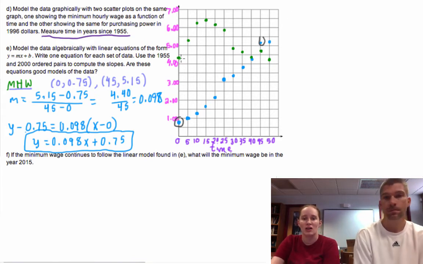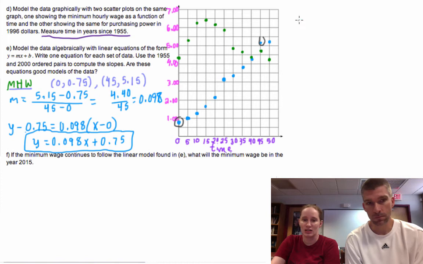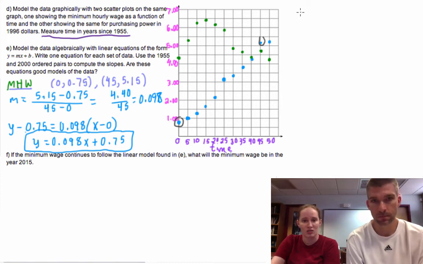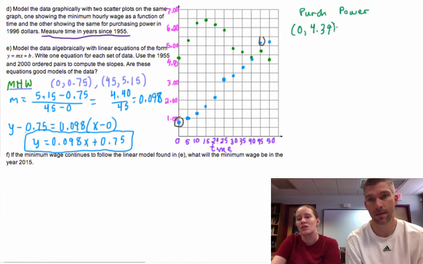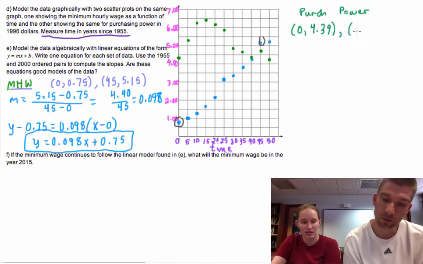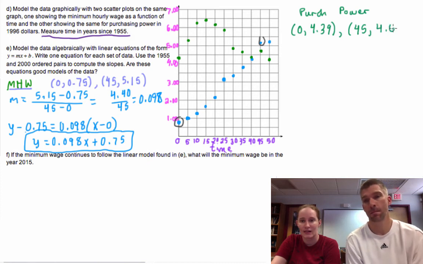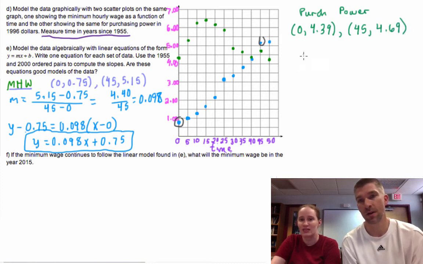Right. And now if we do the same thing with our green data here, which is the purchasing power, and we use the first data point, which is 0.439, and the 2000 would be 469. I don't feel like that's going to be a very good representation.